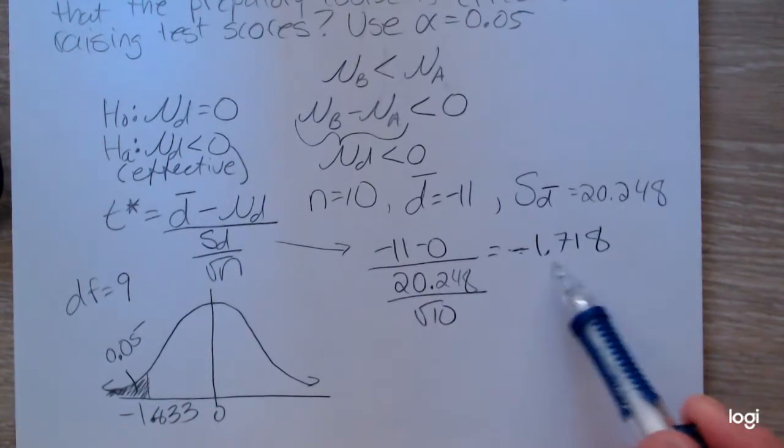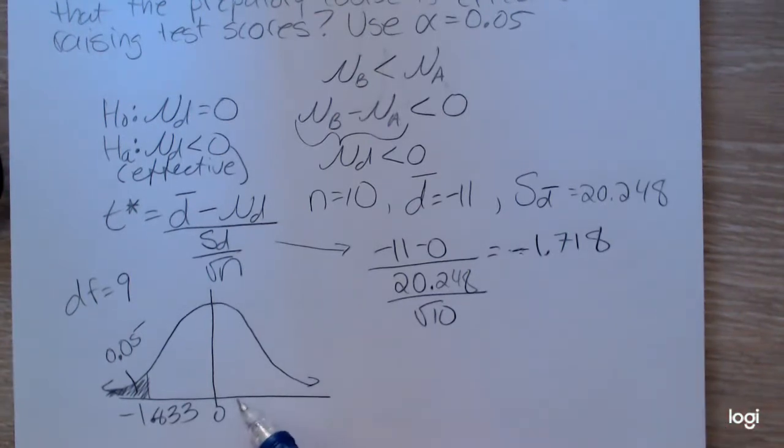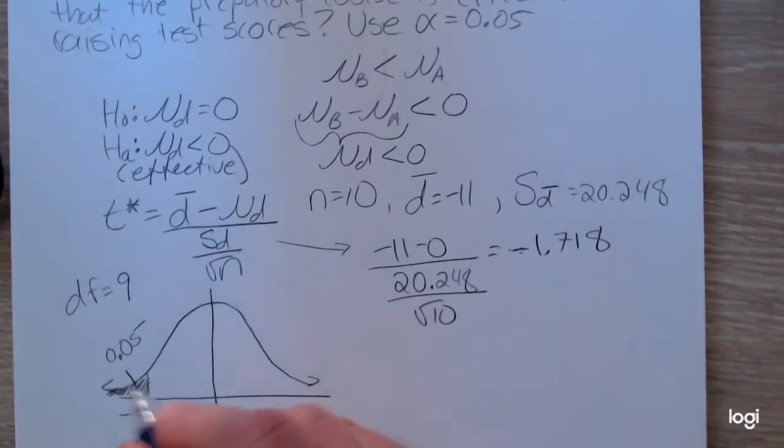So the standardized test statistic, -1.718, is not further to the left of this critical value. It's somewhat close though, but it is in the fail to reject region.